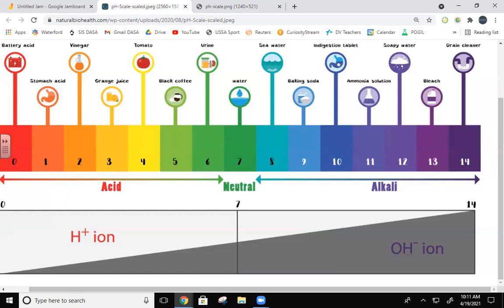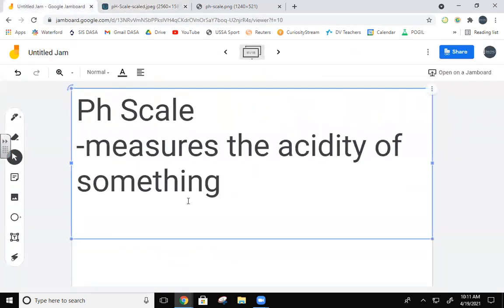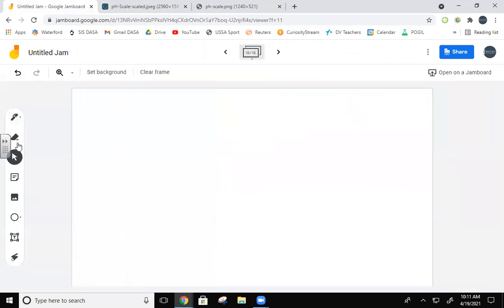All right. So here's what's interesting about the pH scale. Let's get a more exact definition here.